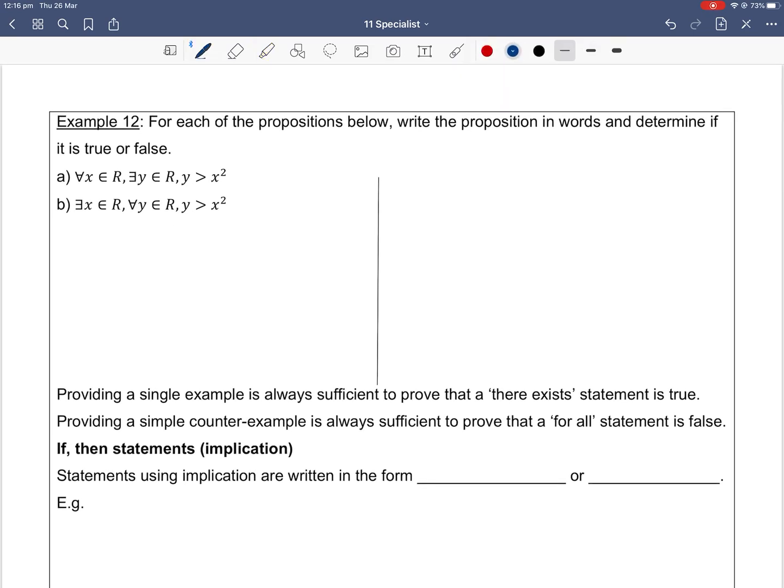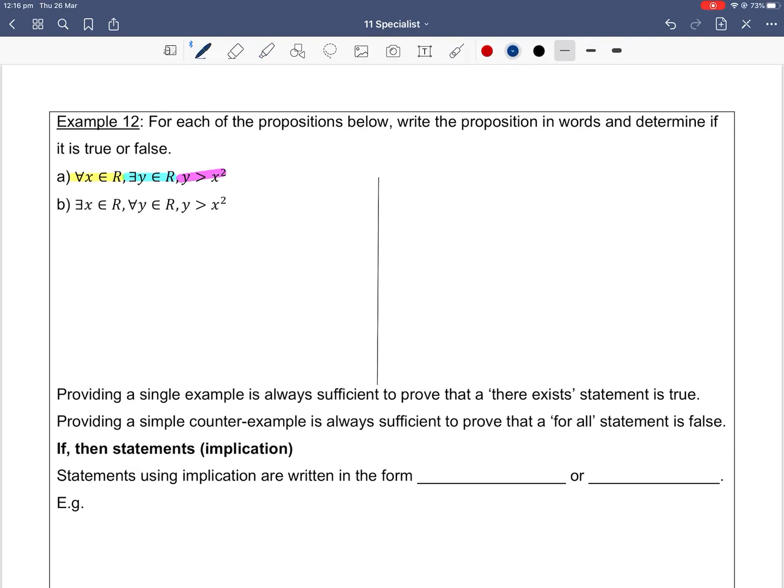For each of the propositions below, write it in words and tell me, is it true or false? So let's look at statement A. We start off with for all x in your reals, there is y in the reals such that the statement y is bigger than x squared holds. So let's read it again.